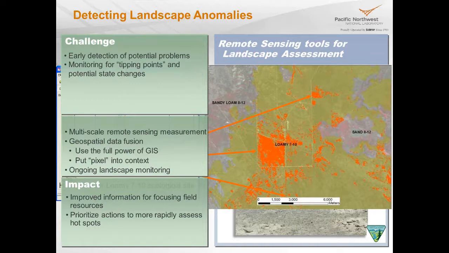By combining these things, in this case, the ecological site conceptual models with the remote sensing, we put the pixel into context and identify areas that may be relevant to landscape management decisions. And the idea is that you may be able to really improve and optimize some field resources and save yourself some energy.